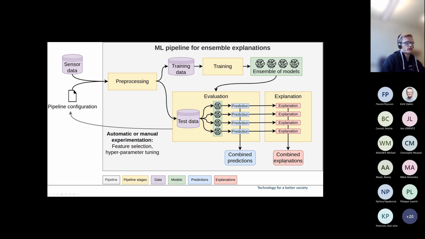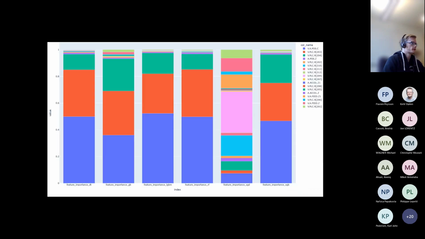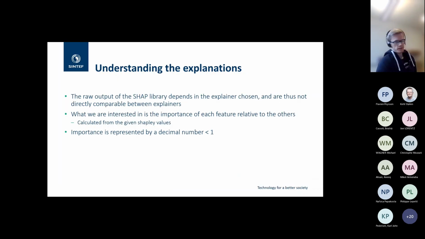Then we get a combined set of explanations, which can look something like this. Understanding the explanations isn't necessarily that straightforward, since the raw output of the SHAP library is, understandably, Shapley values, and the format can depend on the explainer chosen, which means that direct comparison cannot always be done if you use different explainers for different models.